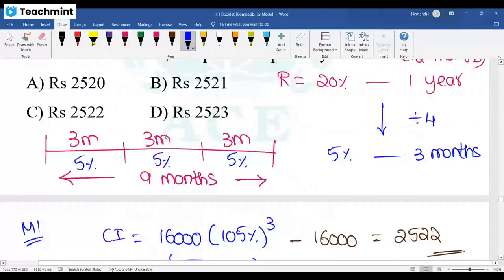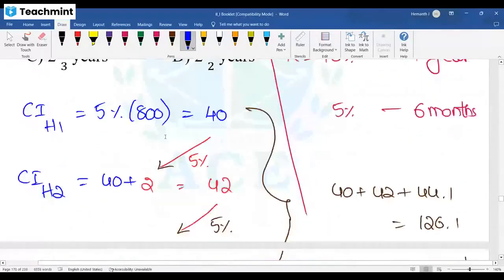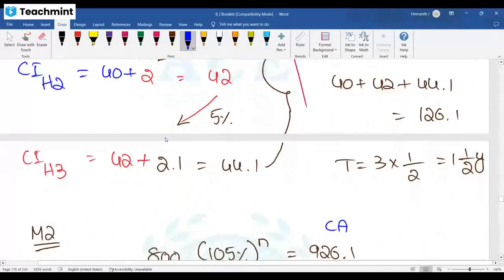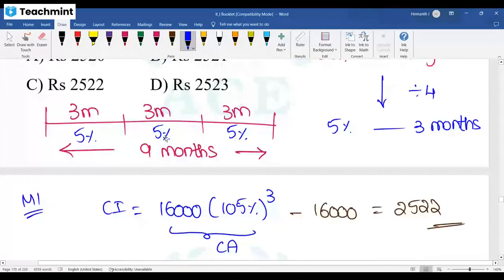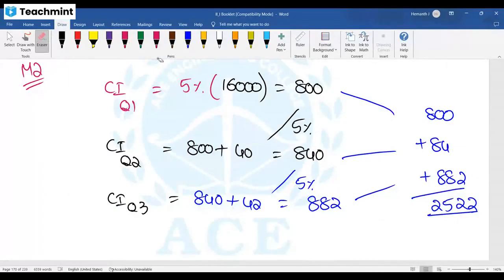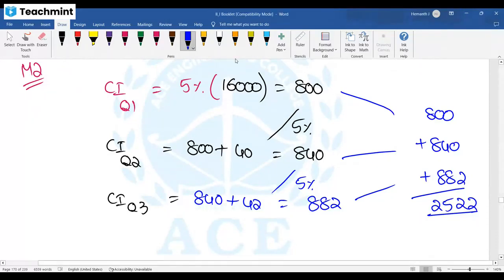You can check the previous one: here also, this is 42, the previous one, 42 plus 5% of that. 840 is correct, not 844. Right, so the total compound interest is 2,522.